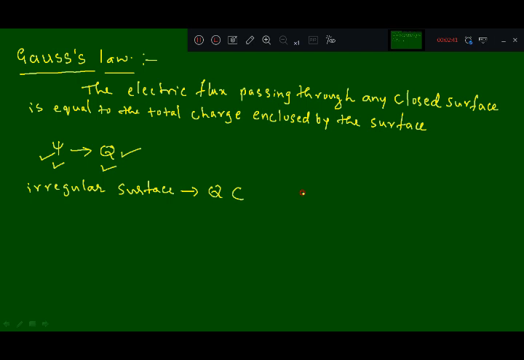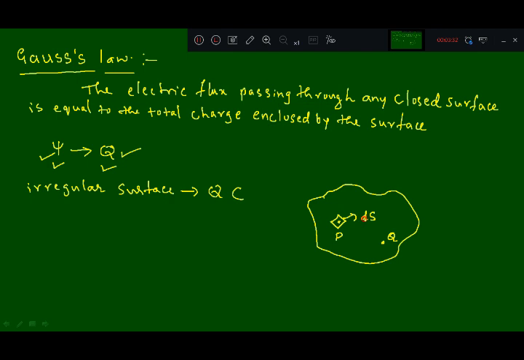You have an irregular, closed surface like this, having one point charge Q. Then to derive or to express that phi is equal to Q, we will consider a small differential area at a point P. At this point we have the differential area, that is ds.